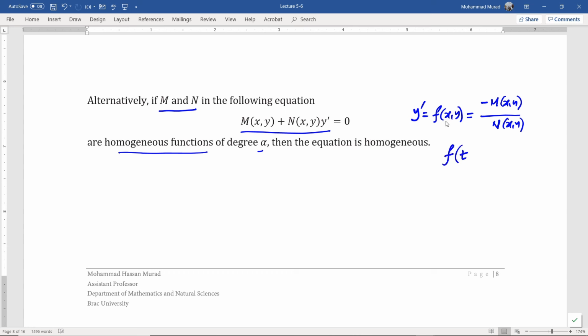Now, if we replace x by tx and y by ty in the right hand side, we would obtain minus m of tx comma ty over n of tx comma ty.